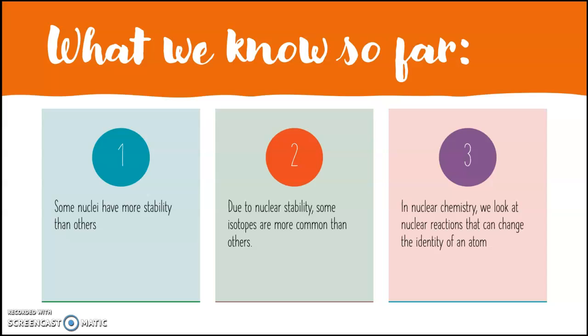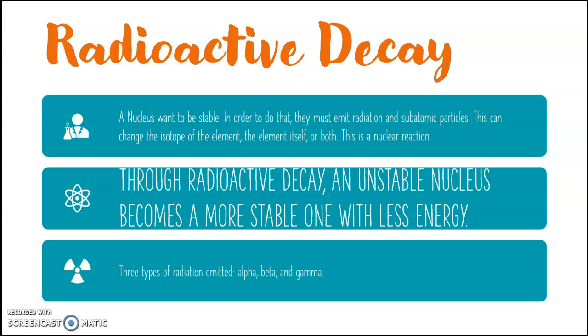So let's use this information to tell us about radioactive decay. An unstable nucleus, we know, wants to be stable. So how does it do that? In order to become a more stable nucleus, it must emit subatomic particles, which can change the isotope or even the element itself. It also releases lots of energy to become more stable.